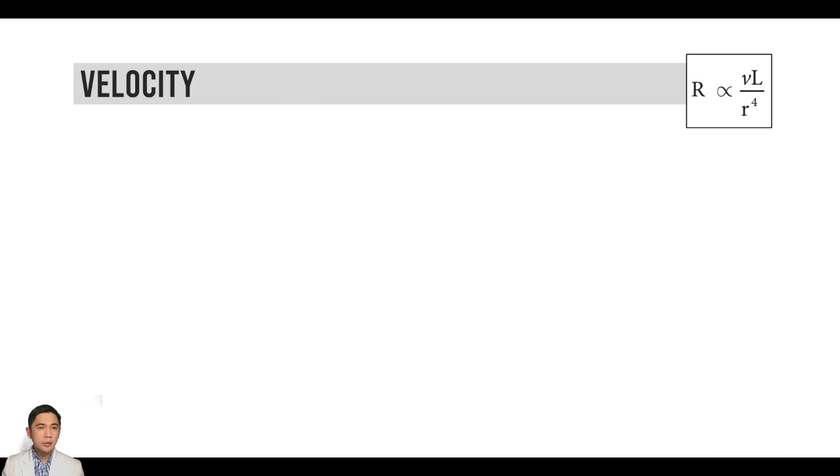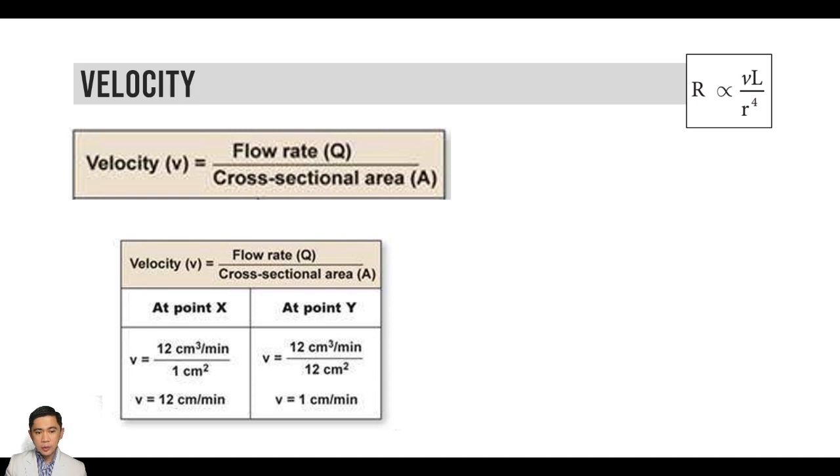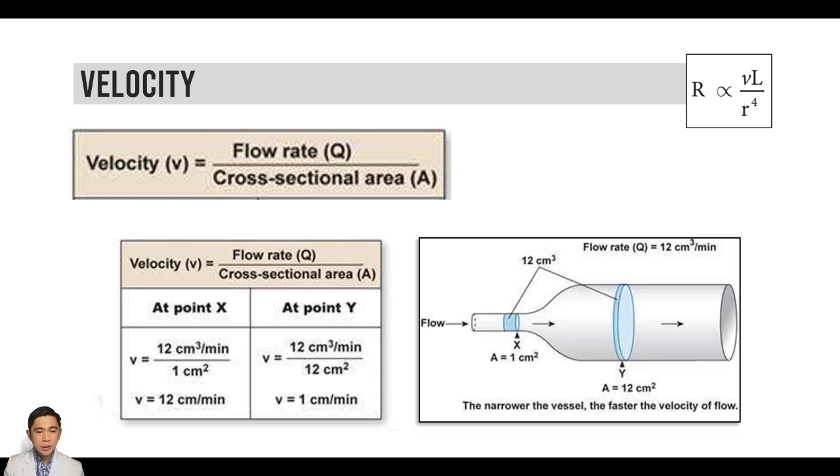Now let's talk about velocity. Velocity is defined as the flow rate divided by the cross-sectional area of that vessel. So if you take a look at the next two images, we have point X and point Y, X having a 1 centimeter squared area and Y has a 12 centimeter squared area, and we have a flow rate of 12.